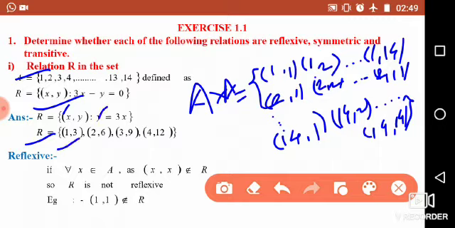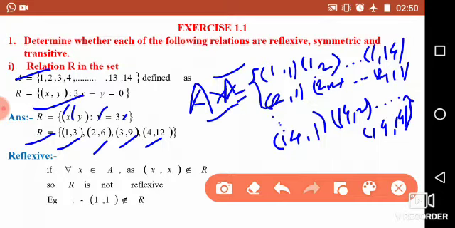That is an ordered pair of the set A cross A. If x is 2, y is 6. Therefore, we get (2, 6), which is a member of the Cartesian product A cross A. If x is 3, y is 9. And if x is 4, y is 12.